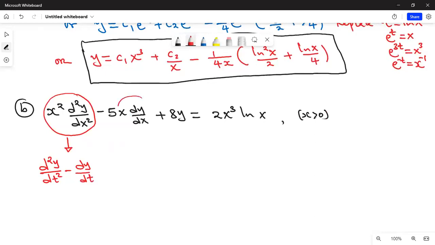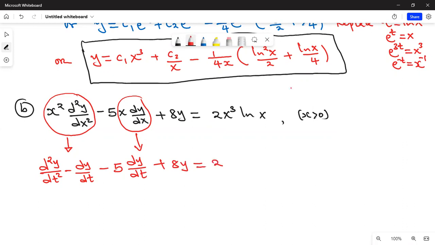What about where we have x times dy dx? This is a negative 5. So this should give us dy dt. Then this 8y is equal to 2. What is x cubed?